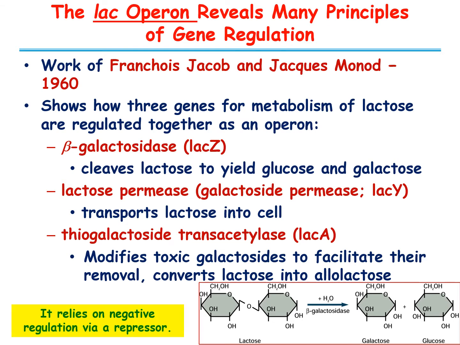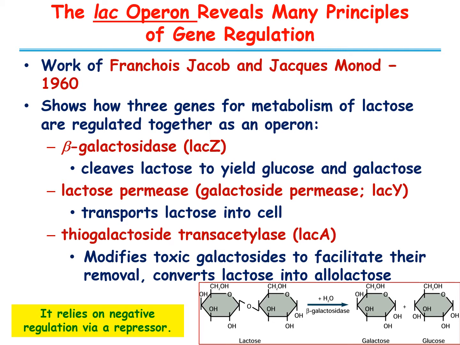So now the lac operon relies on negative regulation. Why negative regulation? Because it has a repressor on it. It has to be negative. It has to be not turned on all the time, because the cell does not need to exercise extra energy to use a fuel as complicated as lactose when glucose is already present.